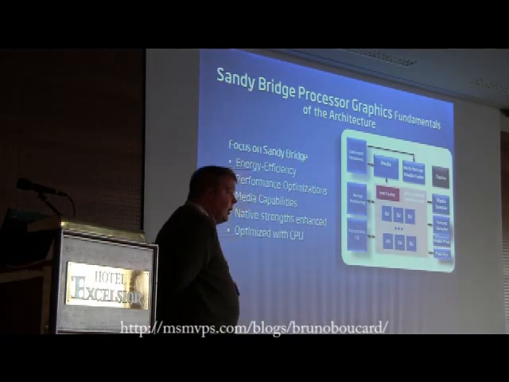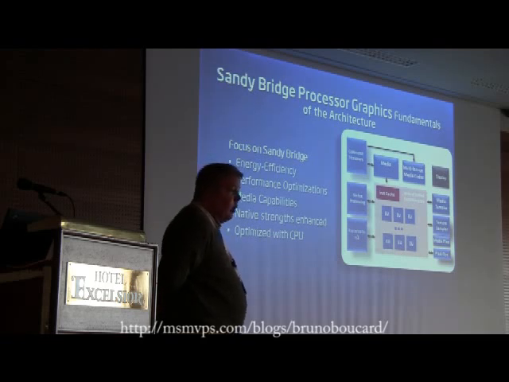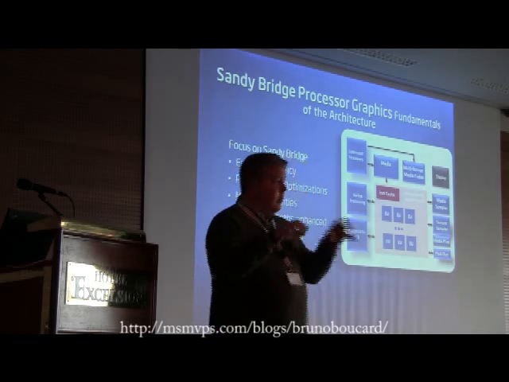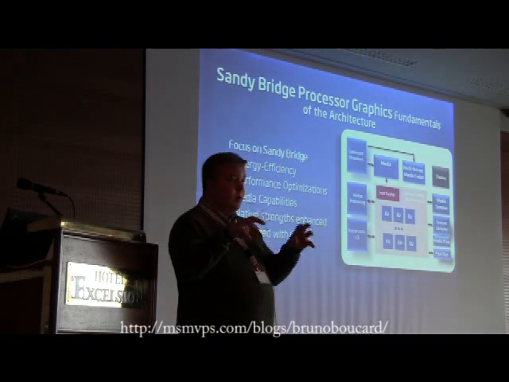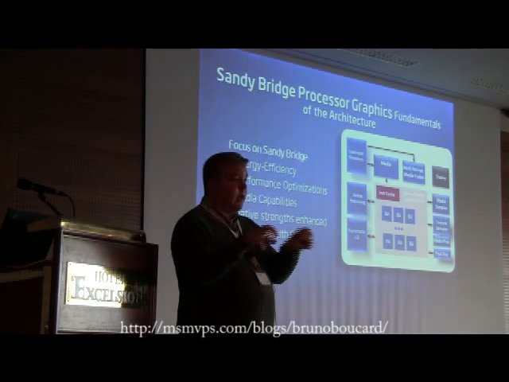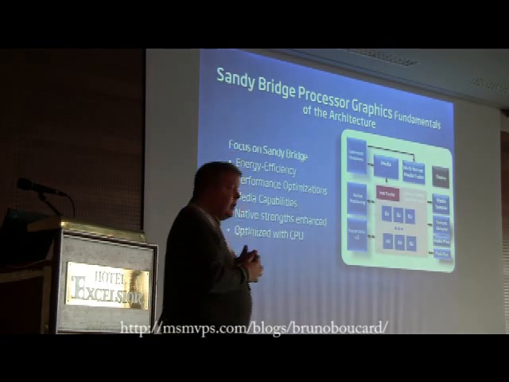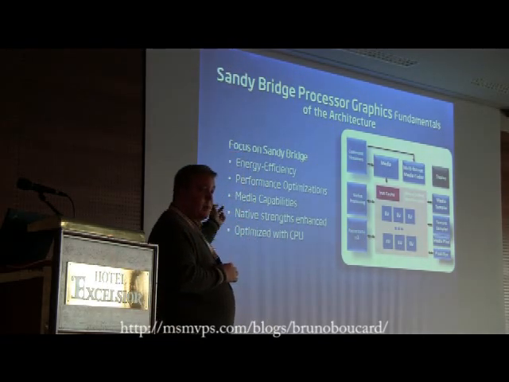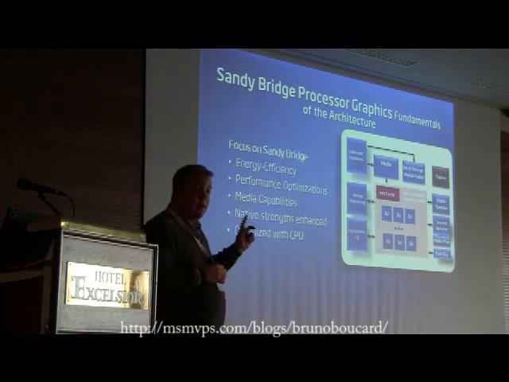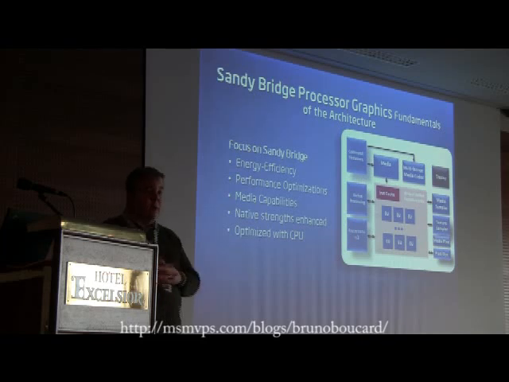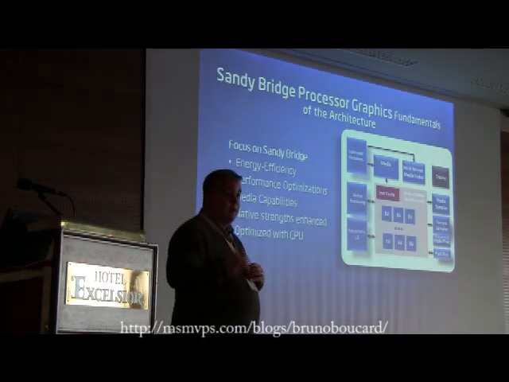And then in the previous generation to this, we integrated it onto the package, so that we had both the CPU and the GPU put together in the same package, but they weren't connected directly like we have here. Now they're connected directly on the die. As you saw in the previous diagram, they share the L3 cache. That means that they can communicate through the L3 cache rather than communicating over a PCIe bus.